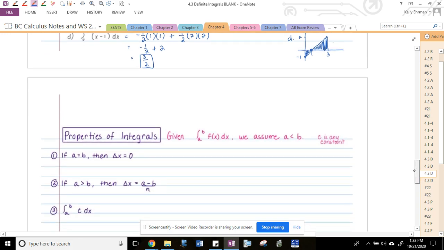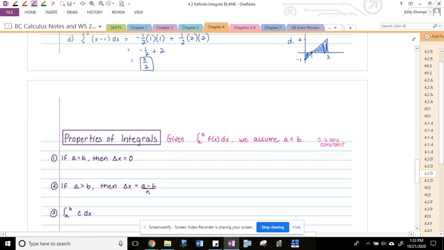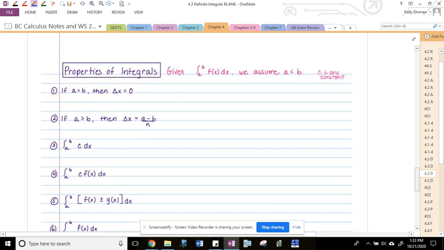All right, let's talk about some properties of integrals. So let's say we're given the integral from a to b of f of x dx, and we're assuming that a is less than b, meaning these numbers aren't backwards. We're going from 0 to 3, not 3 to 0.